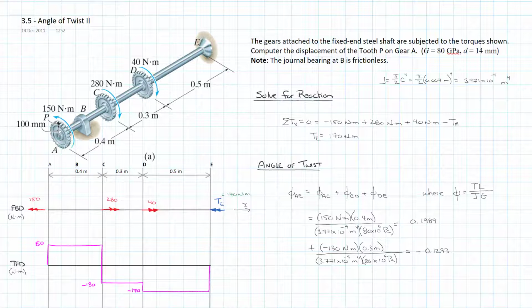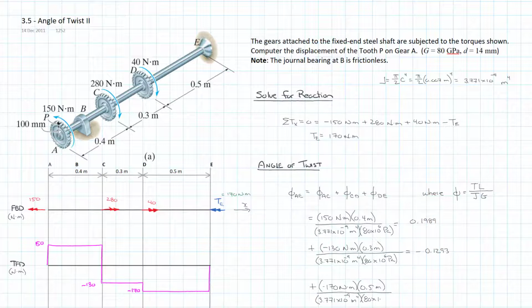And finally, for our last section, we have a torque off our torque force diagram of minus 170 Newton meters, and it is applied over 0.5 meters. And we divide that through by our J and G. They're the same, so I'll just copy them down here from above.